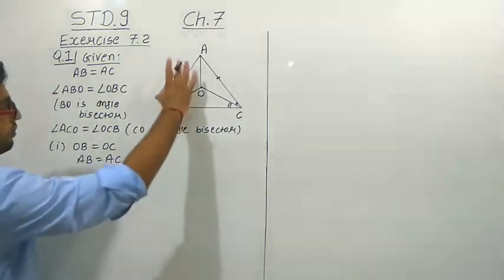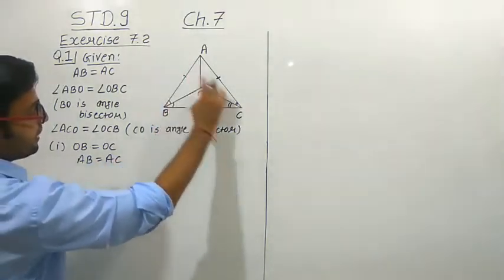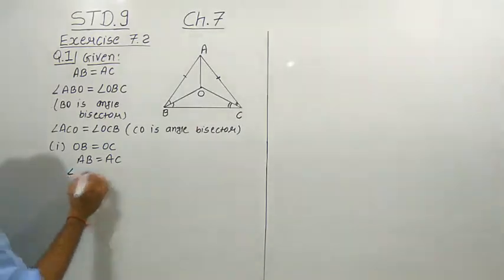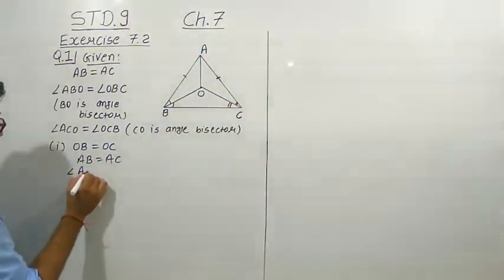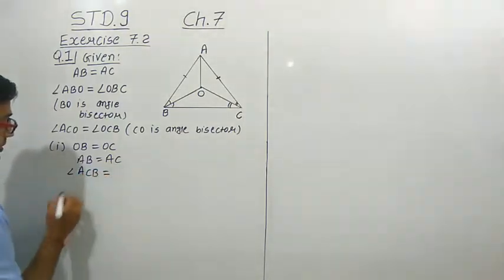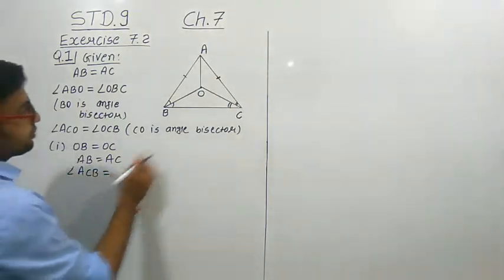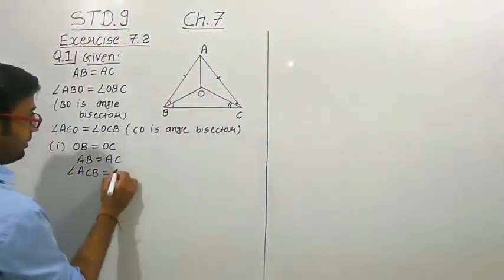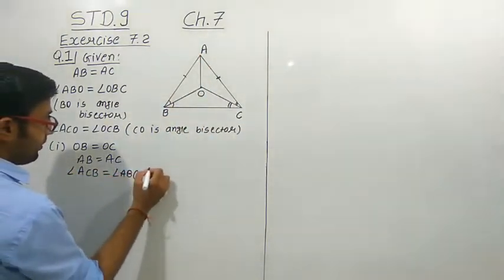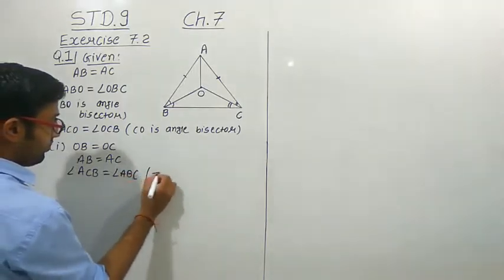That is, the angle opposite to side AB is angle C, which we can write as angle ACB. In the same way, the angle opposite to side AC is angle B, which we can write as angle ABC. We write this according to theorem number 7.2.